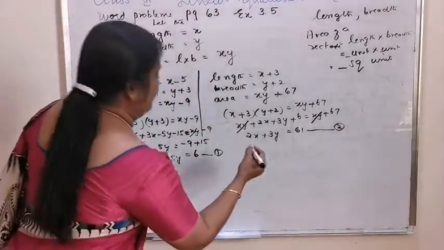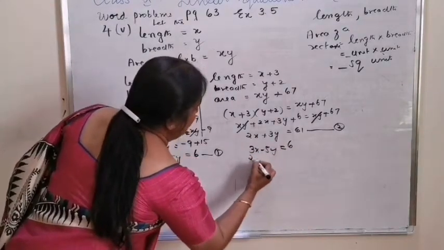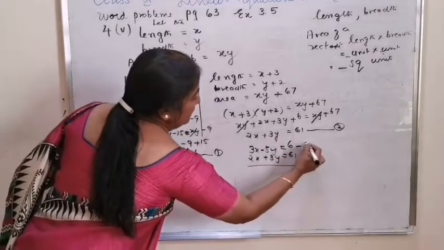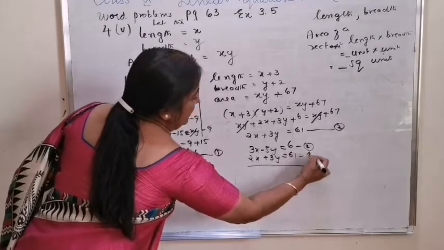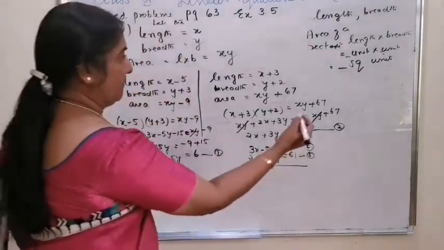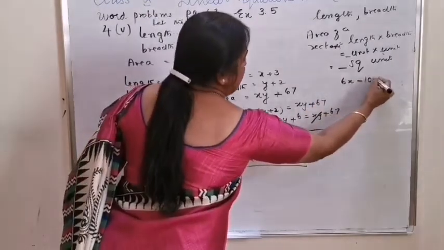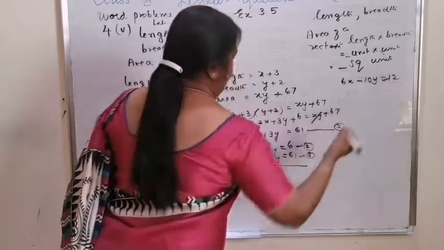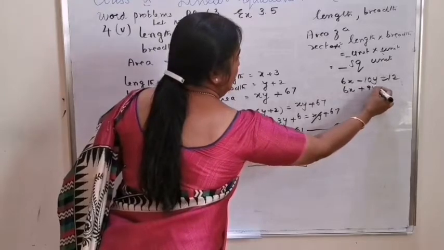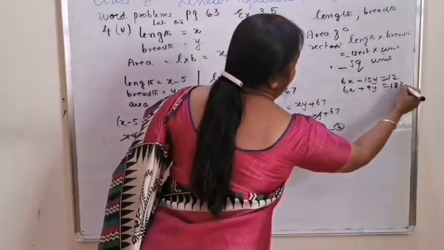Let us solve. 3x minus 5y is equal to 6 and 2x plus 3y is equal to 61. Multiply by 2 and multiply by 3. 6x minus 10y is equal to 12, and 6x plus 9y is equal to 183.